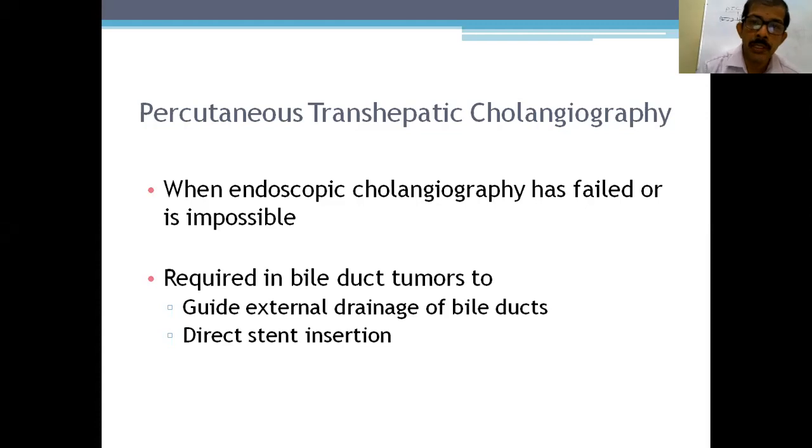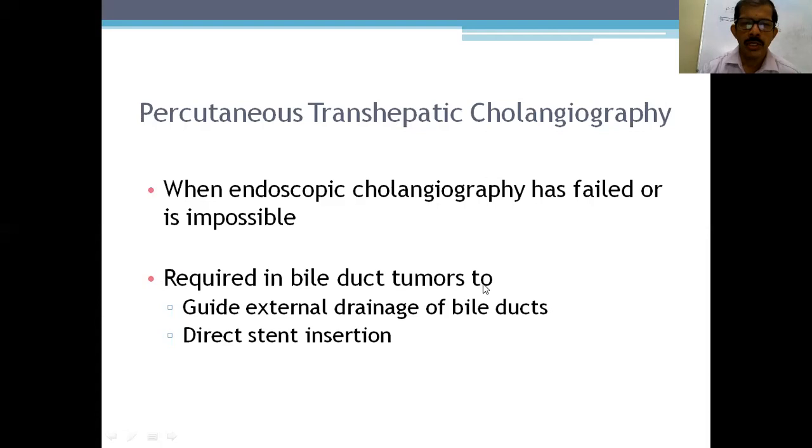That you have to remember. How to ensure that there are dilated bile ducts? First, you have to do ultrasound. Then only you can do this test. Otherwise, it will land in bleeding problems. So this needs to be done very cautiously by an experienced radiologist only.